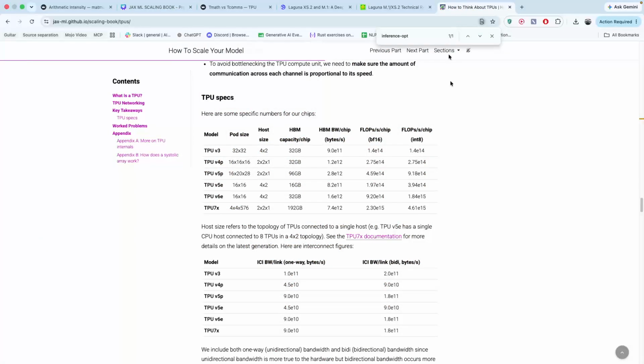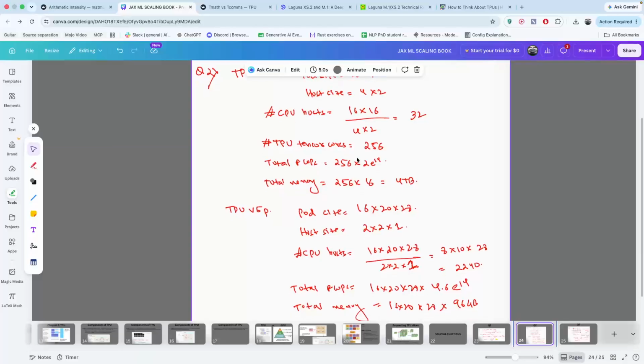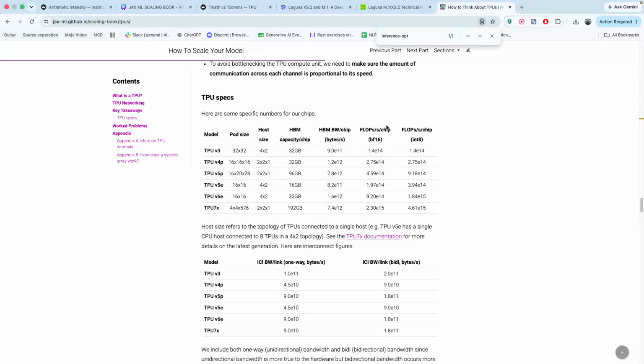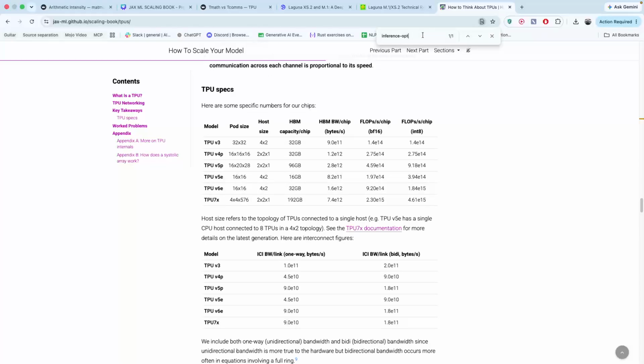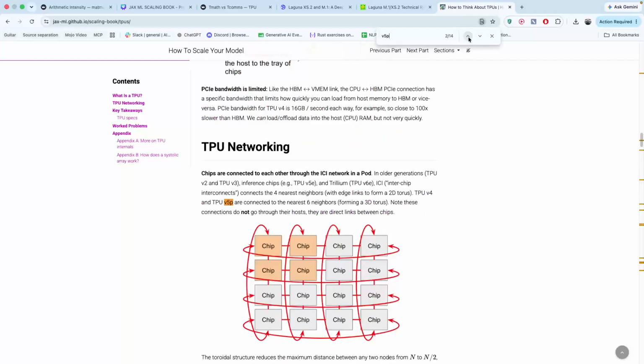So the second question was, what is the number of TPU tensor cores? For that I would have to check here. V5P, configurable.